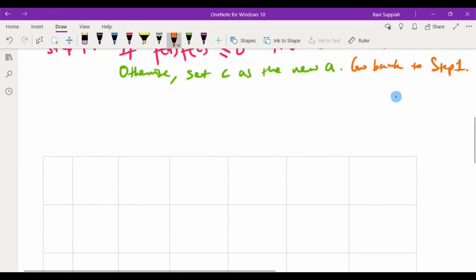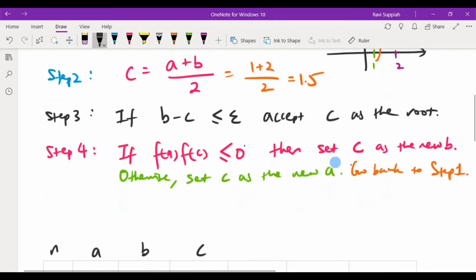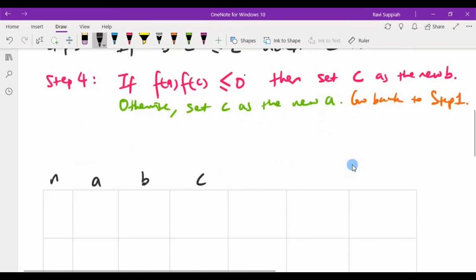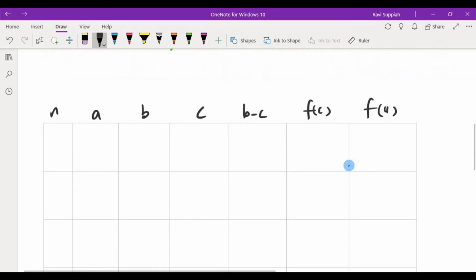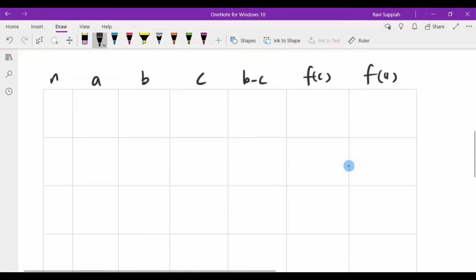The first column is n, which is the iteration, followed by a, b, c, which is a plus b divided by 2, then b minus c, f of c, and f of a. Let me go through it step by step, and you can see how we will arrive at the final answer.